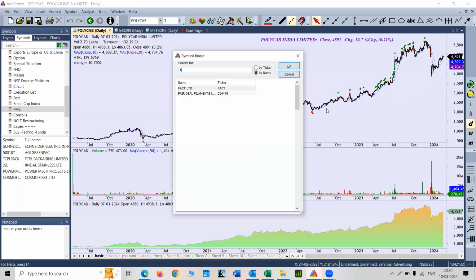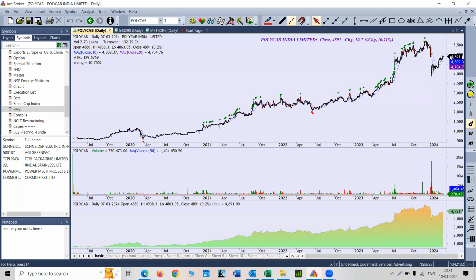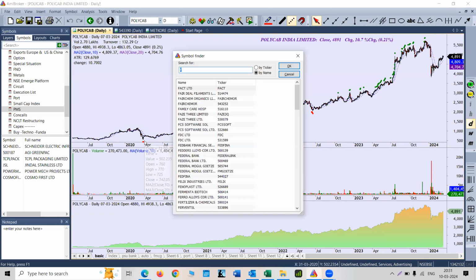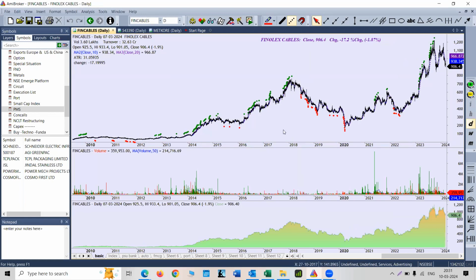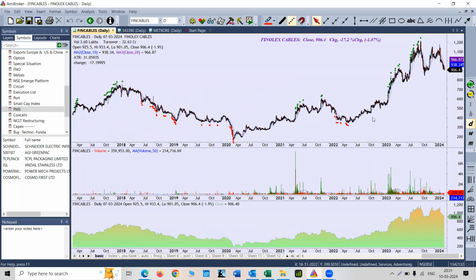And Finolex from 1000, it is almost now 5x in 2020. So this is bottom actually. You can see 2021 to 400, to now just double. So Polycab has increased 5x and this is just doubled for Finolex.